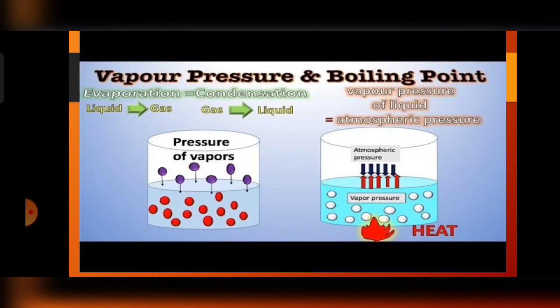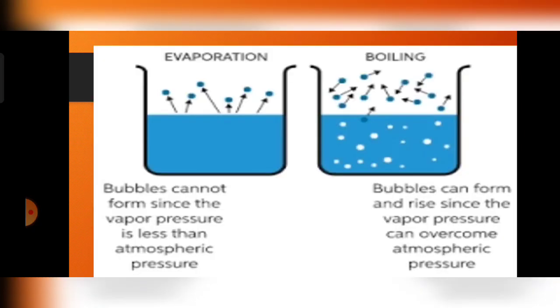And here are more examples of the difference between vapor pressure and boiling point. Vapor pressure is reached when the rate of evaporation and condensation are equal. It can be at any temperature, 20, 40, any temperature. But the boiling point is the point at which the vapor pressure of a liquid becomes equal to atmospheric pressure and bubble formation starts.